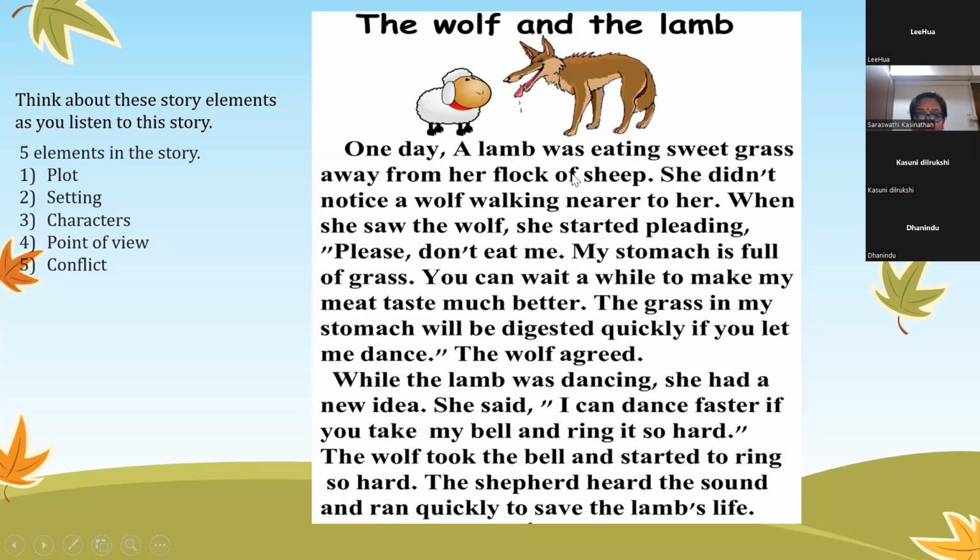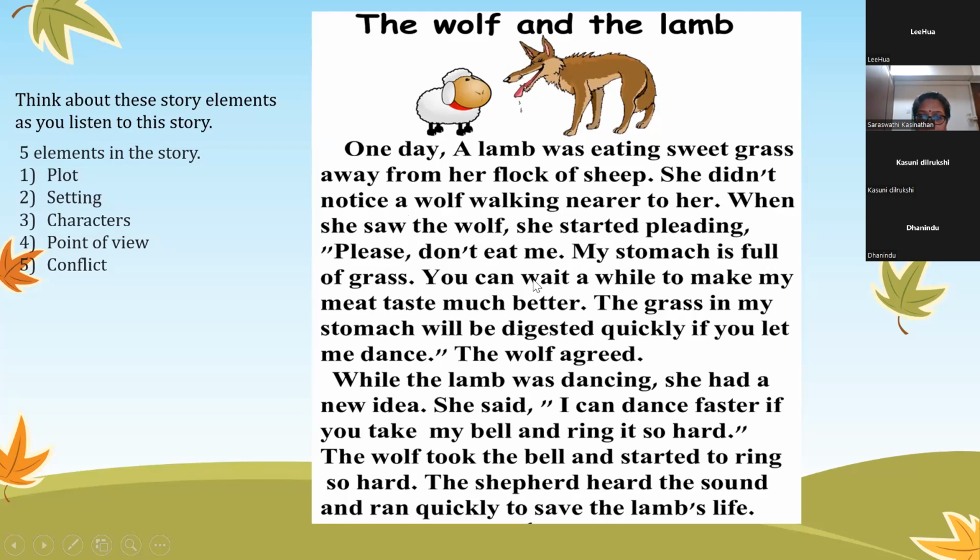One day a lamb was eating sweet grass away from her flock of sheep. She did not notice a wolf walking near to her. When she saw the wolf, she started pleading, Please don't eat me. My stomach is full of grass.